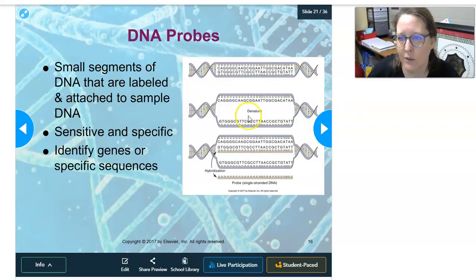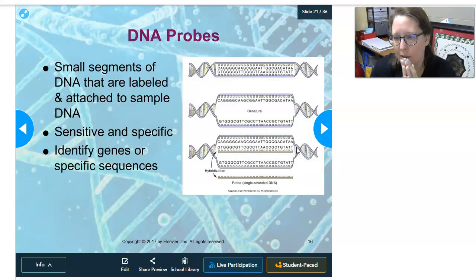So in this little diagram, your sample DNA is denatured here where it's separated, and then the probes are allowed to hybridize. Why does it hybridize? Because if it's complementary, it can bind to it and stick to it.